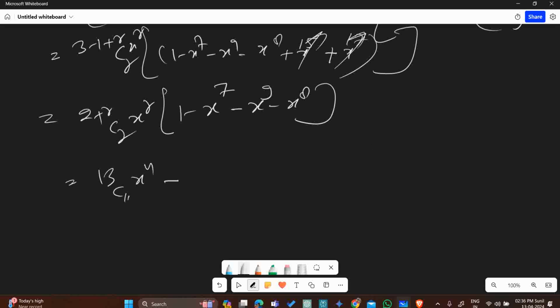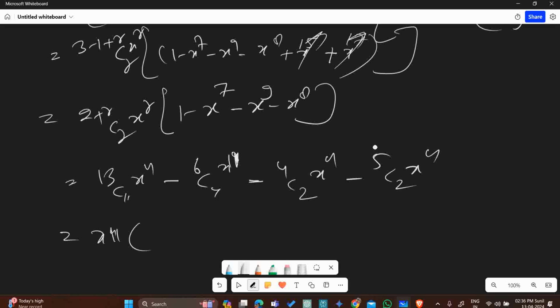13C11 x^11 minus, for this we have to select r value 4, 6C4 x^11, yes 11 only, and minus, for this 4C2 x^11, minus 3... 5C2 x^11. So x^11 will be taken common. 13C2 is like 13 into 6, 78, minus 6C4 which is 15, minus 4C2. 4C2 is like 4 into 3 by 2, which is 6, not 3.